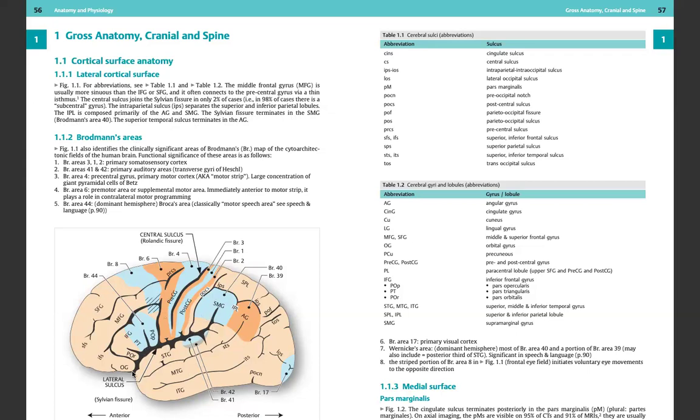We all know this is the lateral sulcus or the sylvian fissure, which separates the frontal, parietal, and the temporal lobe.